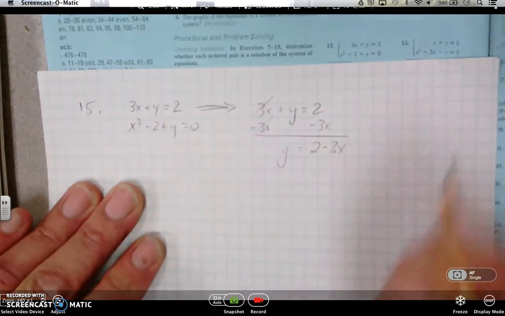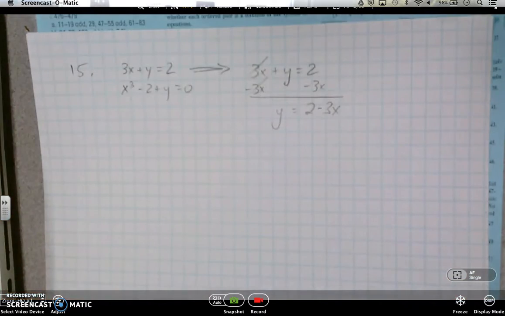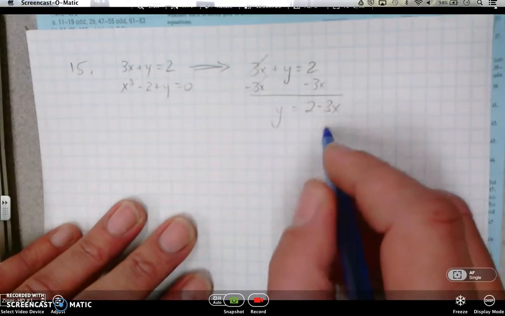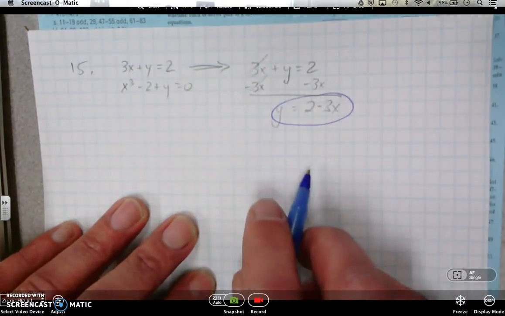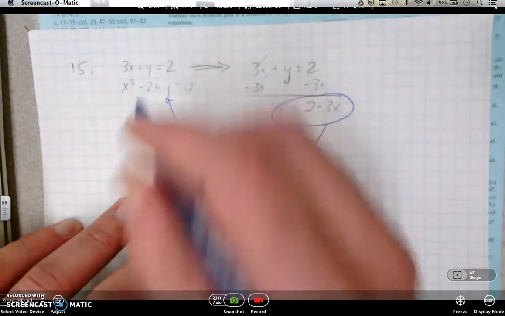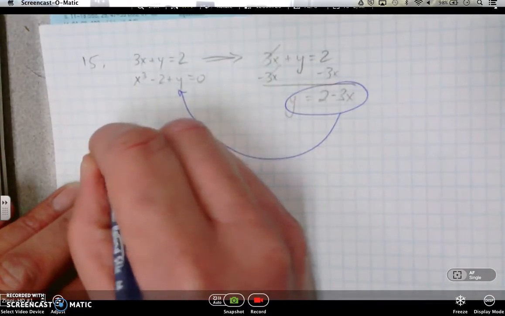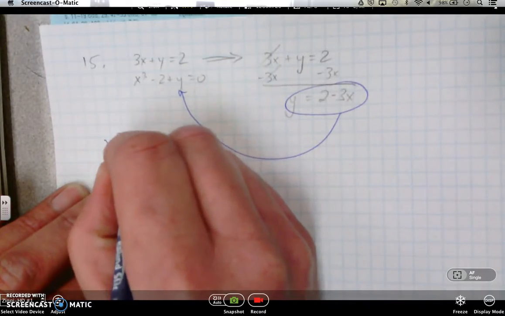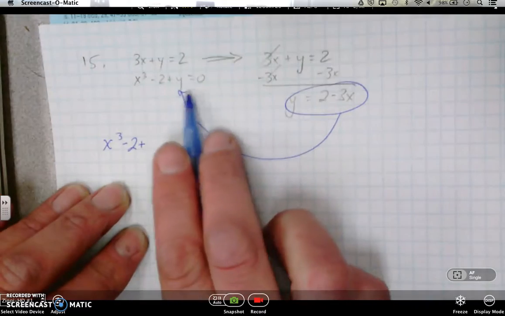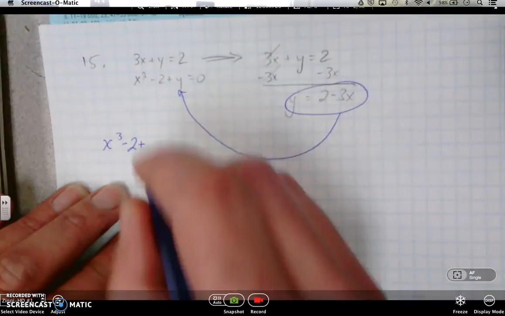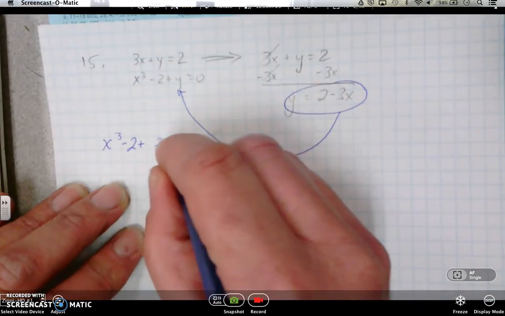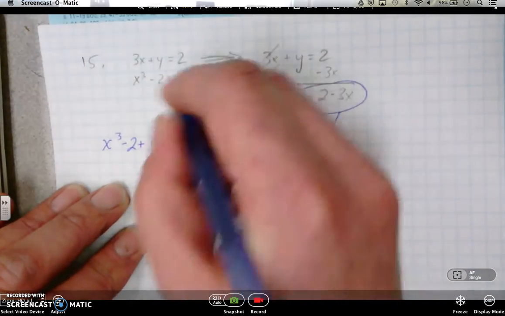Those do not cancel. That's what we got. Alrighty. Now, at this point, I'm going to switch to pen so I can see it better. Now we know what y equals. We can take this and plug it in over here for y. What I mean is we can take our equation over here now. It's x cubed minus 2 plus, and instead of y, we're going to replace y with this whole thing here, 2 minus 3x. If it helps, sometimes I put parentheses.